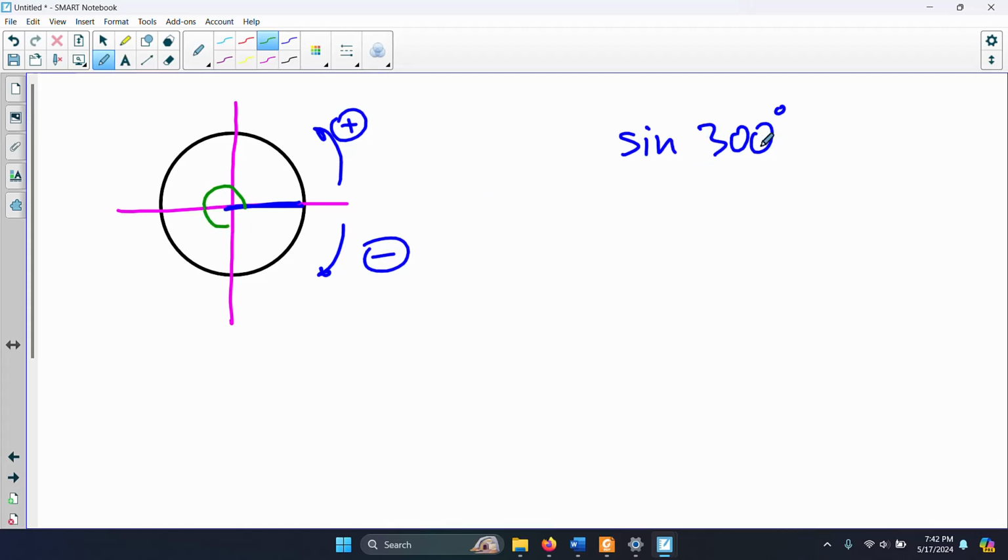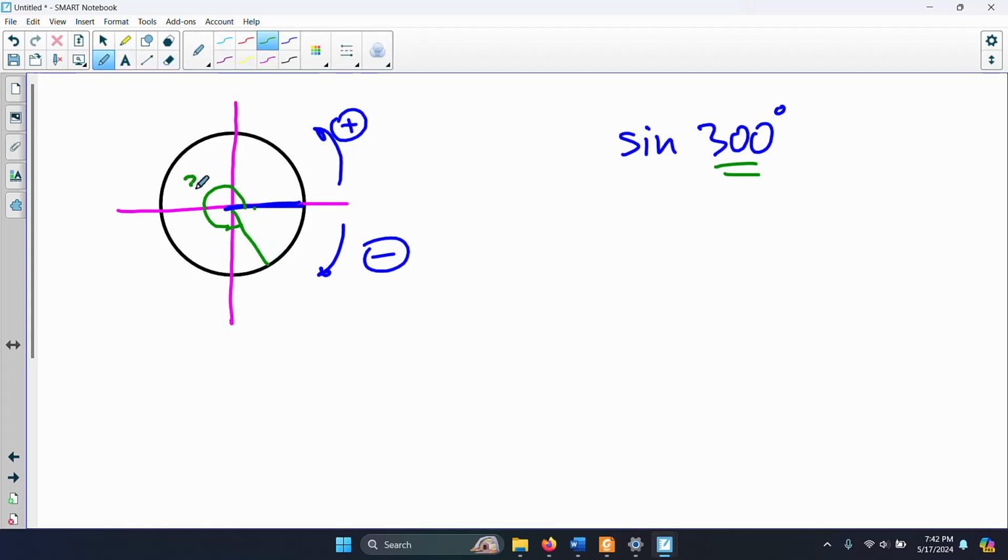So where 300 is going to end up is basically, if we had a full spin around to here, this would be 360 degrees of rotation, but we only have this, so we are 60 degrees short of the full rotation. So you can visualize that my angle is actually like this.